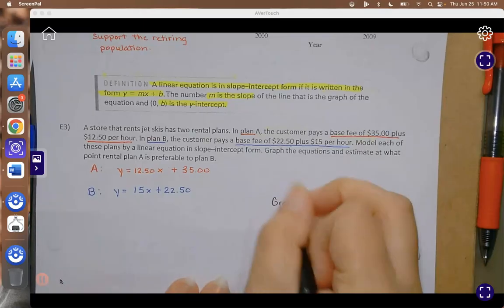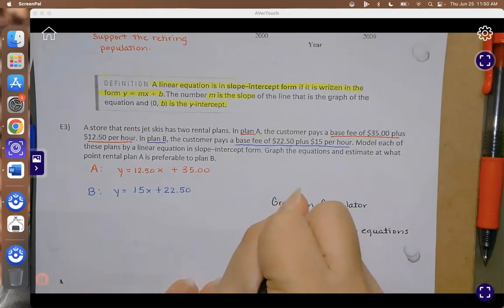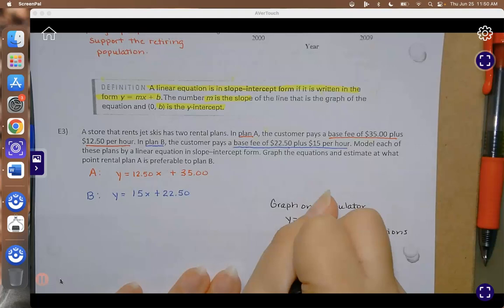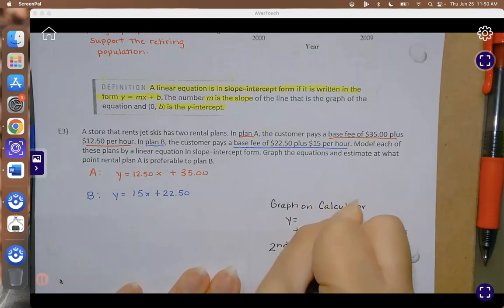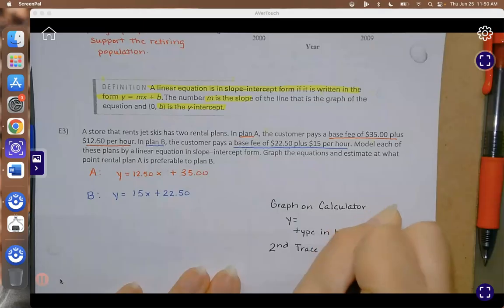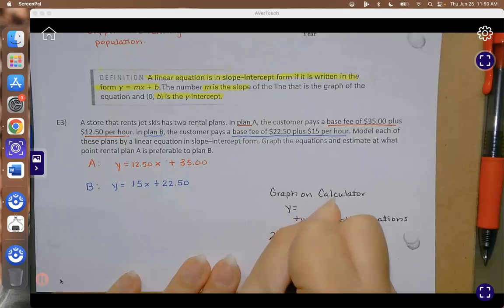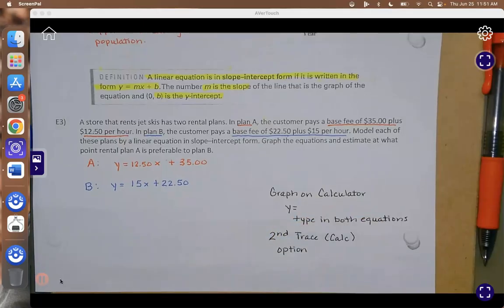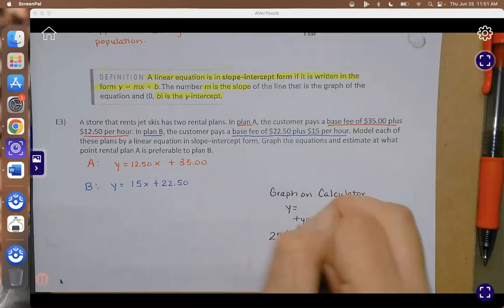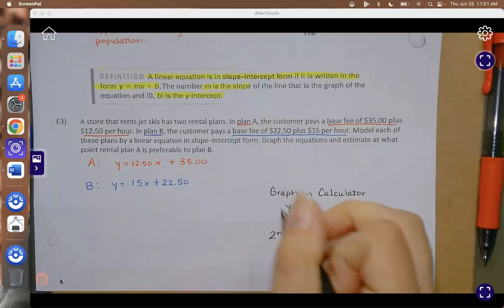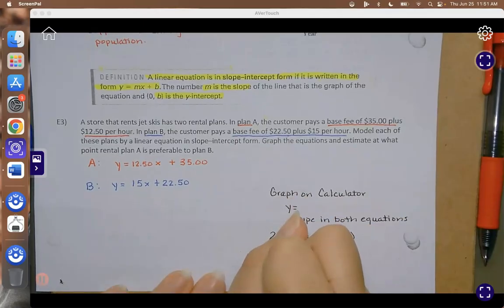Okay, so I'm going to write here, you go second trace, which is the calculate. You're going to choose option 5, and you're going to go and hit enter.